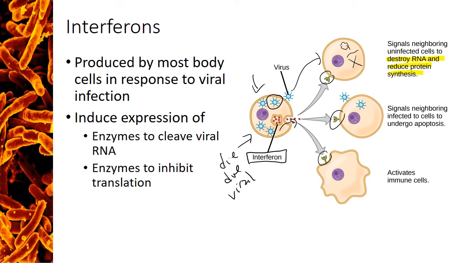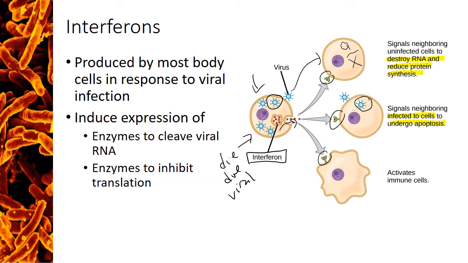If no transcription or translation happens, the virus can't replicate. If the virus doesn't replicate, it doesn't spread through the tissues. It's also going to signal cells that might be infected. So if there are any infected cells around it, it's telling them to undergo apoptosis. So notice this virus has gotten in, but we haven't started making lots of other viruses yet.